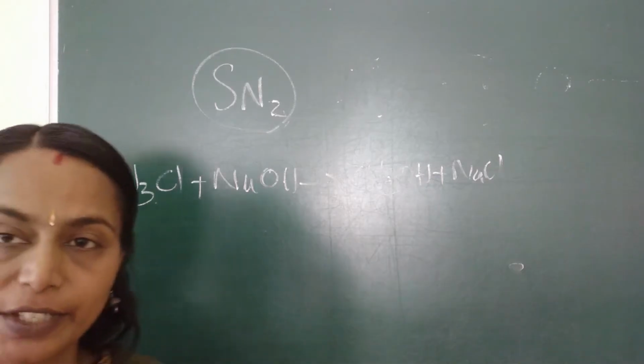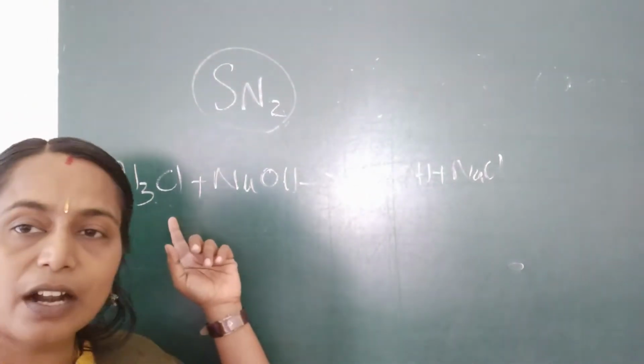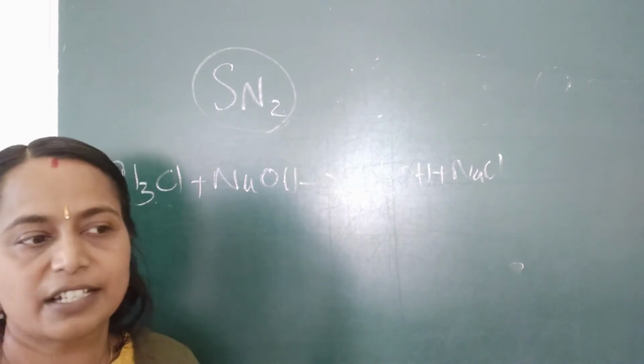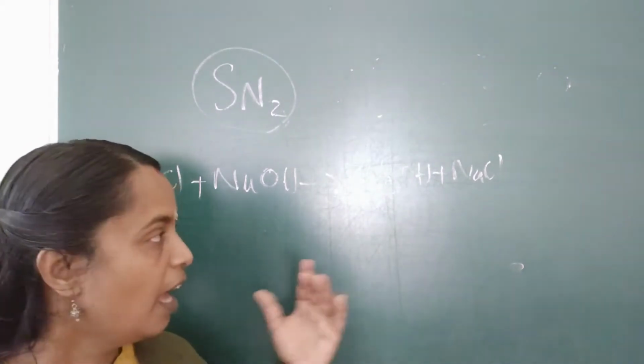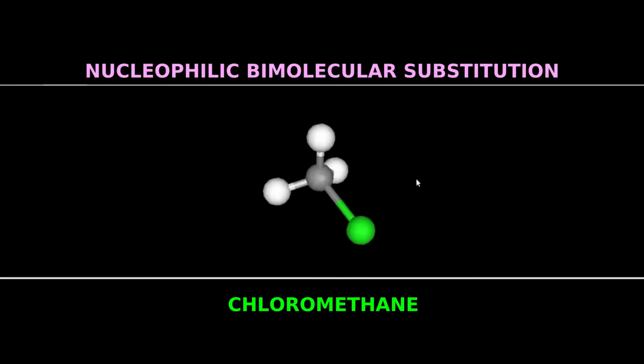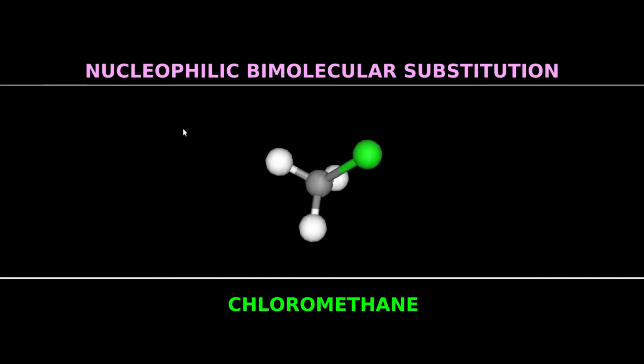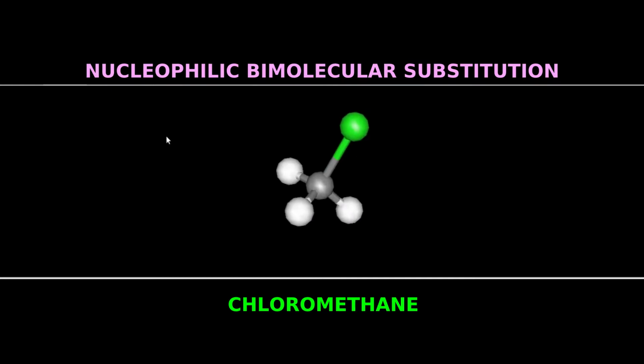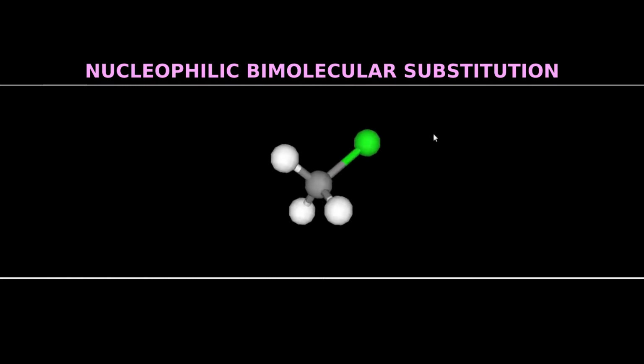Okay. We know the molecules are of three-dimensional structure. The stereospecificity of nucleophilic substitution reactions of haloalkanes can be exemplified by taking the SN2 reaction of chloromethane with the hydroxide ion.